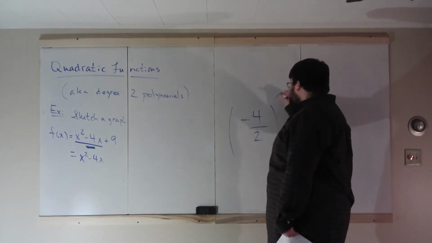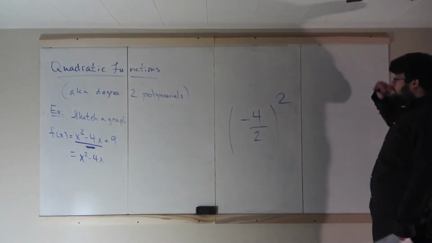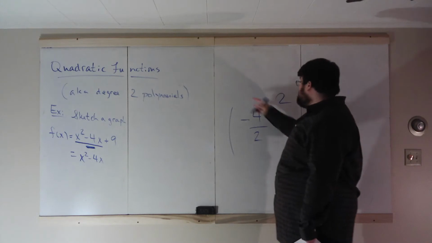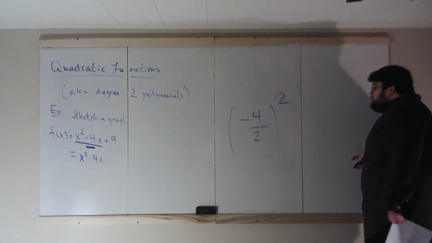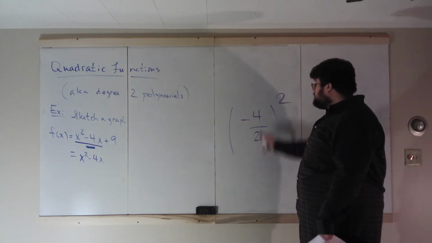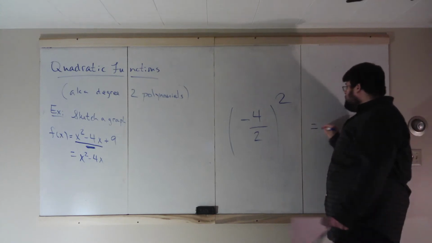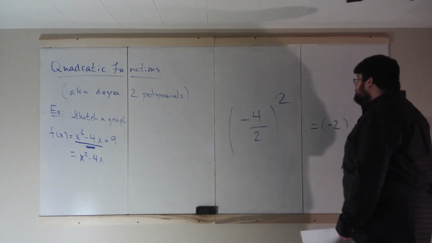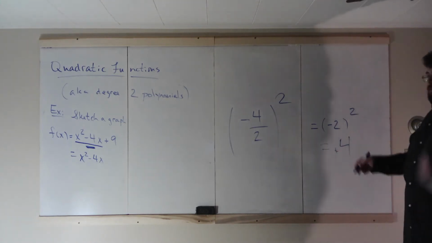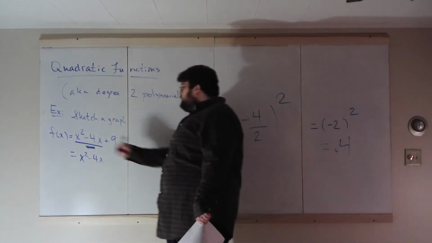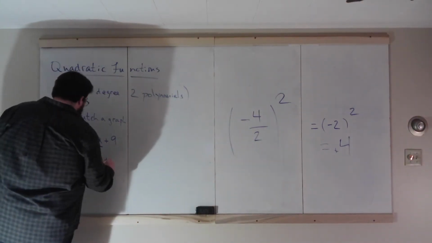Those are parentheses, not absolute values, although they're not the same in general. They're the same since I threw a square on. We take this negative 4, divide it by 2, and then we square that number. Negative 4 divided by 2 is negative 2. We square that, which makes a positive 4. We look at this number, take half of it and square it, gives us a positive 4, and we put that there.